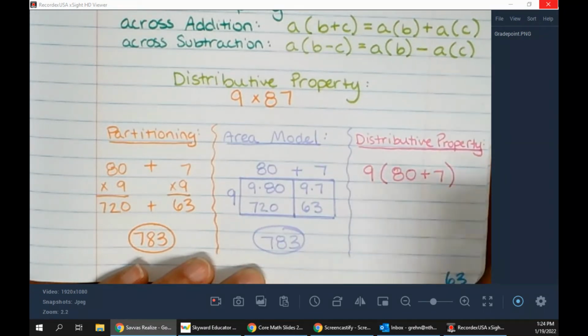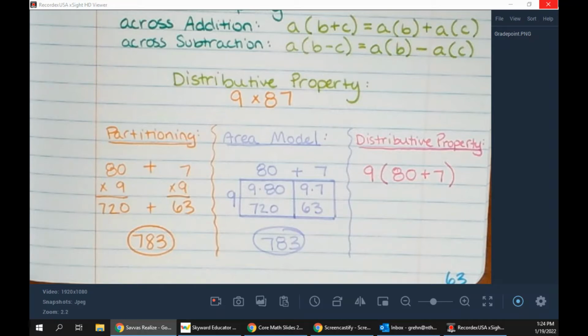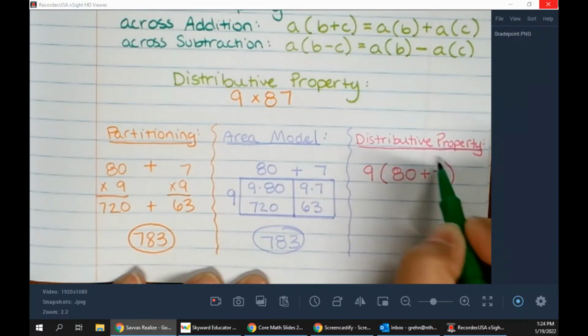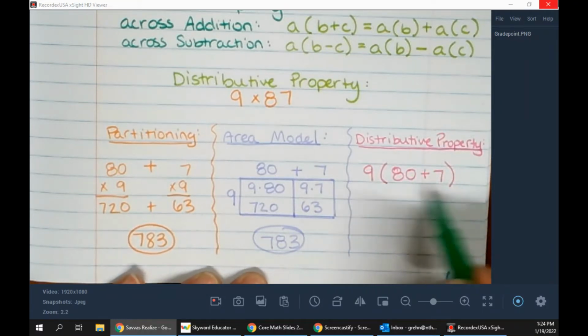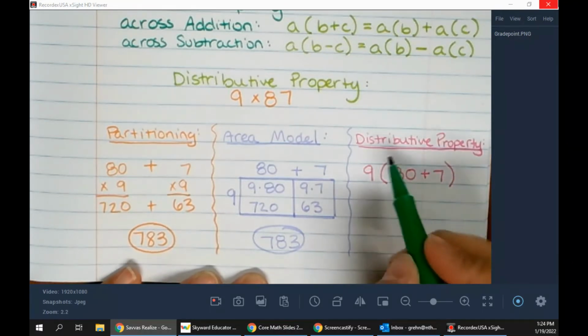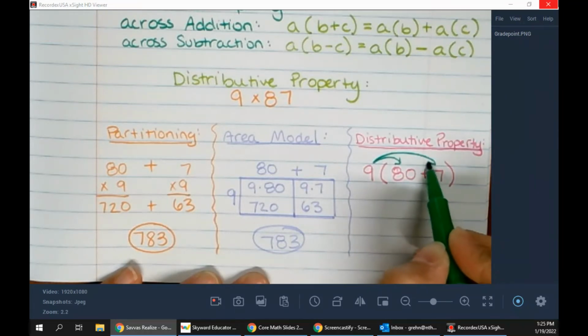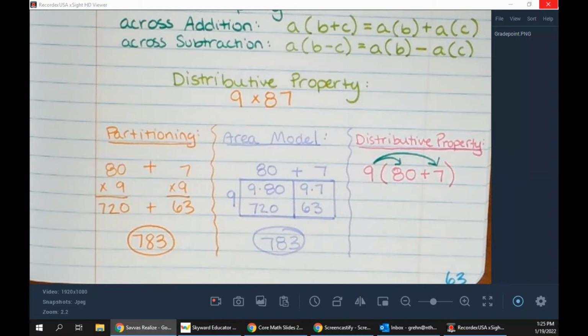So 80 plus 7. And then I'm going to distribute the 9 to each term inside the parentheses. So instead of adding 80 and 7 and then multiplying by 9, I'm going to multiply the 9 times each term on the inside, and then I'll add them together.